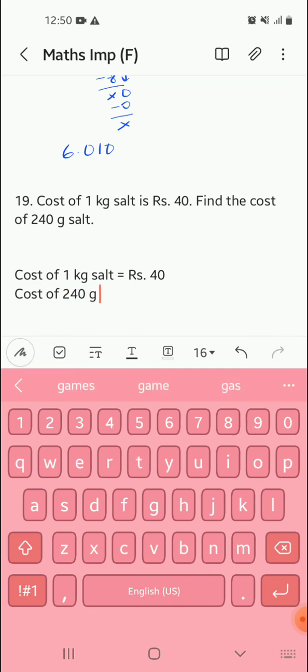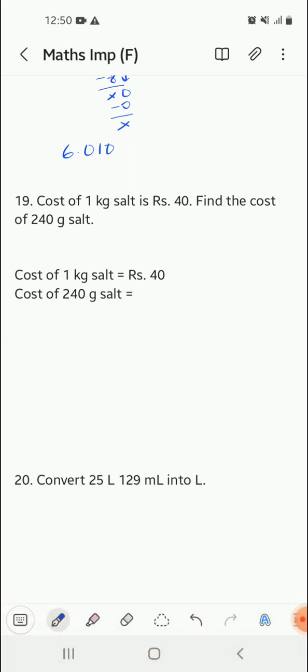So for that we have to convert 240 gram salt into kg first, because the cost of 1 kg is given in rupees, and here we have to find the cost in grams. So we will convert this gram into kg for simplicity purpose.